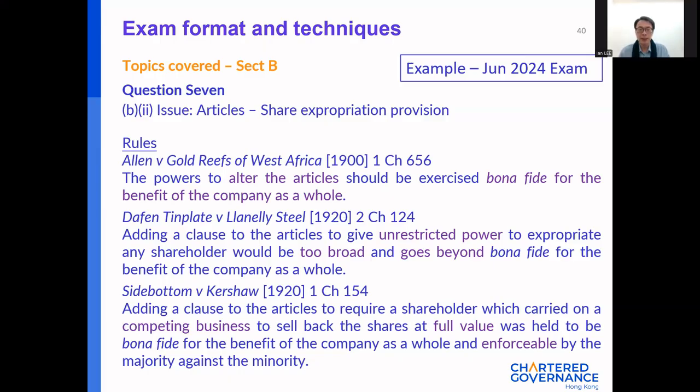So this case is a good example where, if a clause is not too broad, where it has a specific situation which allows the company to require the shareholders to sell back the shares, that would be held to be acceptable, and they would decide it is bona fide for the benefit of the company as a whole, and therefore it will be enforceable, meaning the court will allow them to use that clause, even if it is done by the majority against the minority.